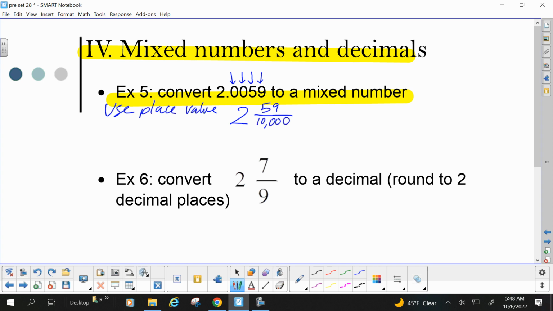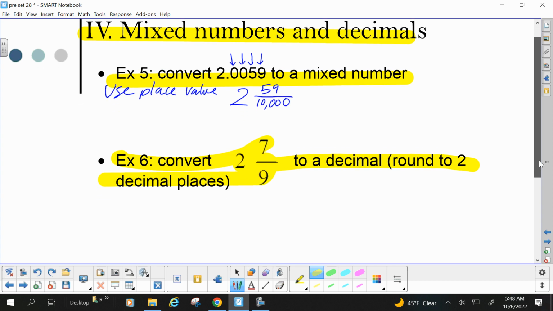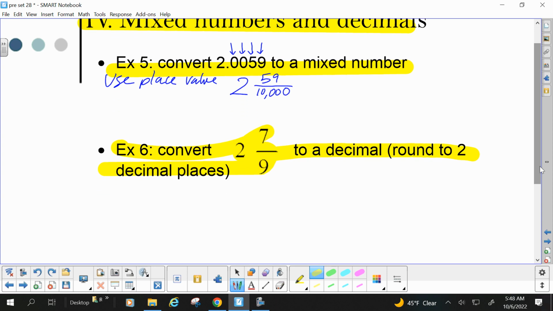Okay, and then the one that requires work is to convert 2 7/9 to a decimal, round to 2 decimal places. This is going mixed to improper, or sorry, mixed to decimal.